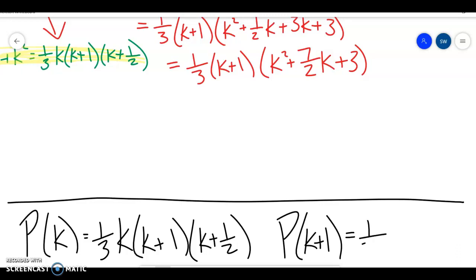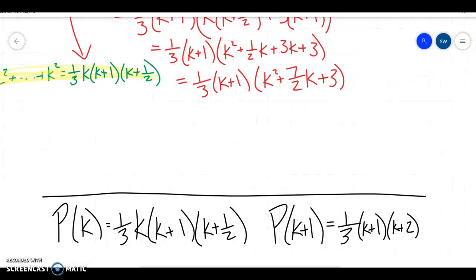You basically just replace all the k's with k plus 1, so that would be k plus 1, then k plus 2, and then k plus 3/2. All of these k's in the P of k turn into k plus 1s in the P of k plus 1. Hopefully that makes sense. So we have that off to the side.